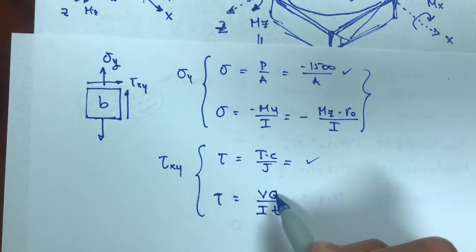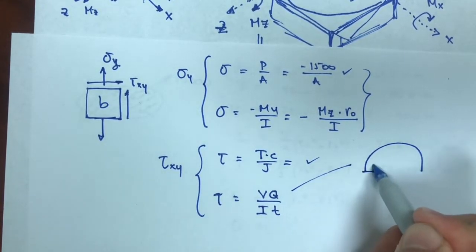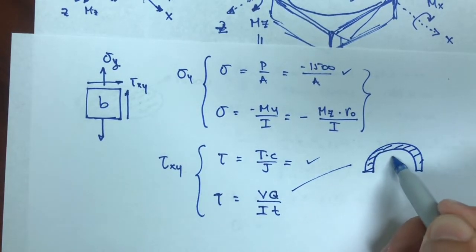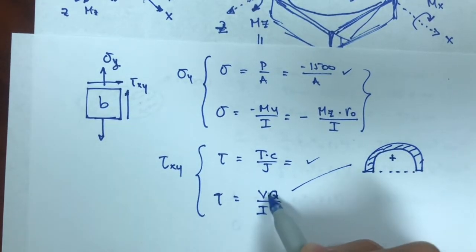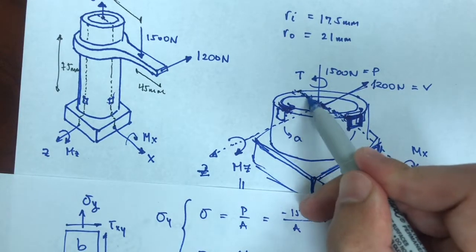So Q I didn't calculate, but we can calculate it for a ring. So basically I would have an equation for the shaded area times the distance from the neutral axis to the centroid of that shaded area. And I have V, the 1200 newtons, and then I and t.